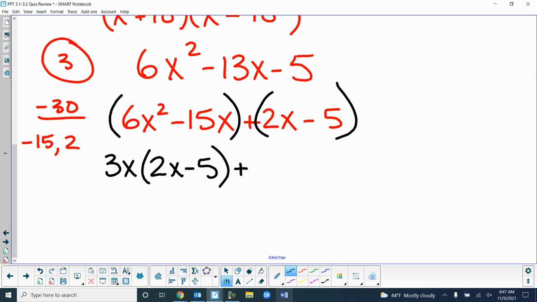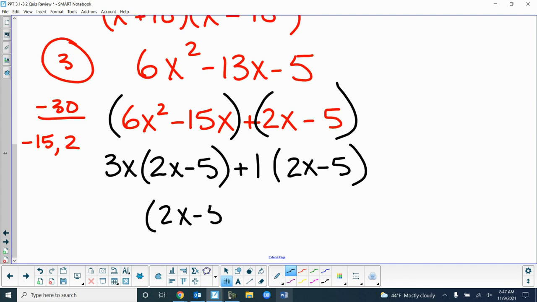So that's where some kids will make a mistake. They'll forget to put a 1 there. And dividing everything by 1 is itself, right? So 2x minus 5 showed up in both of those. So 2x minus 5 is one of my factors. And then there's GCFs, 3x and 1 become my other factor.